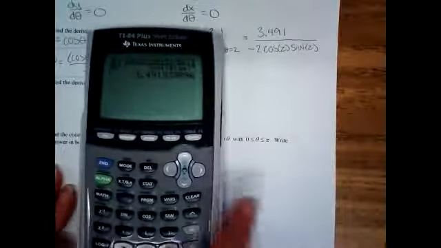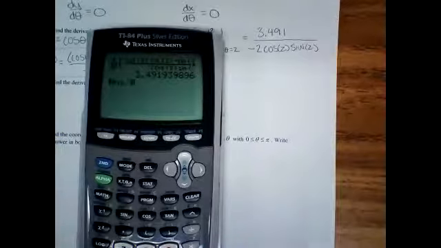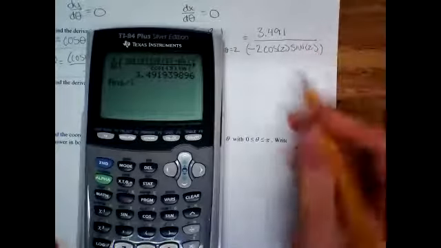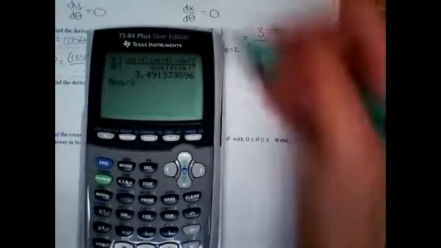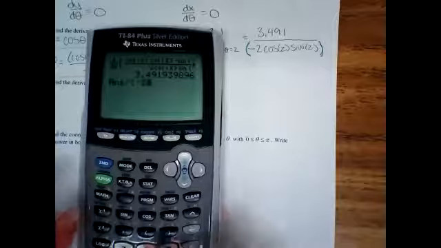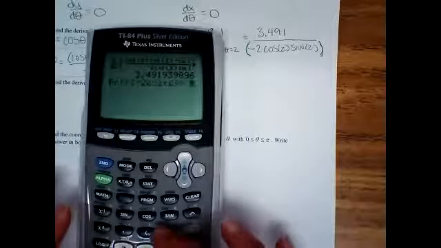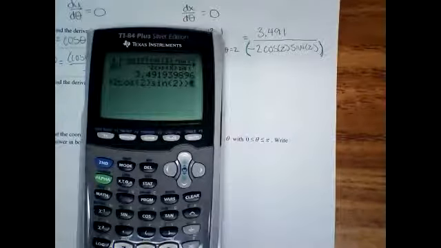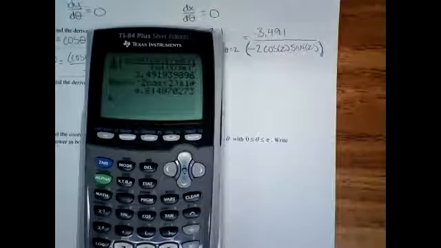Just hit divided by, but you're going to need to put a parenthesis around the whole thing so that it'll divide by all of it. So divided by parenthesis, -2, cosine of 2, sine of 2, close parenthesis. And that will be your final answer.